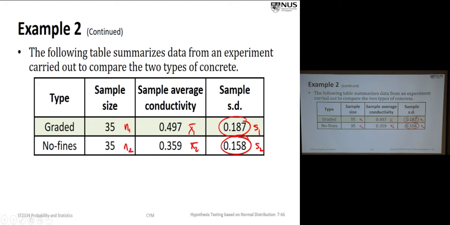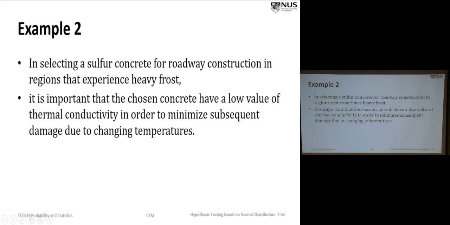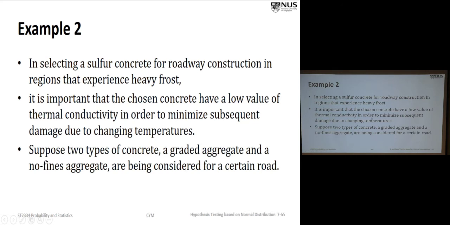All right? But what is the hypothesis? It's important to choose a lower value of thermal conductivity. This is what we want to find. We have two types, and we want to know whether one has a smaller or lower value of thermal conductivity.